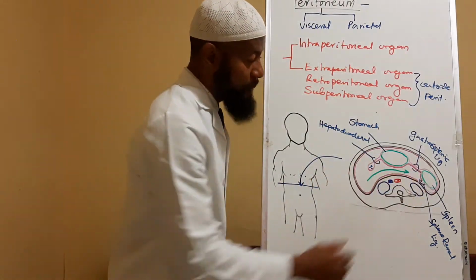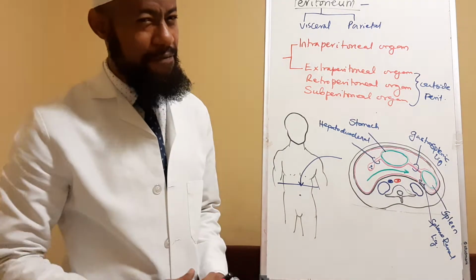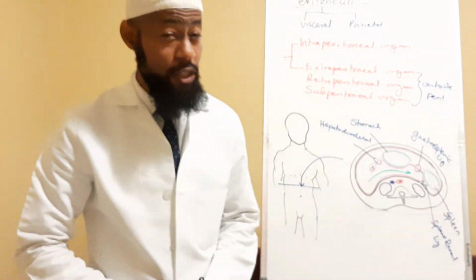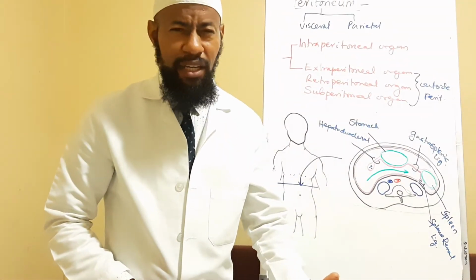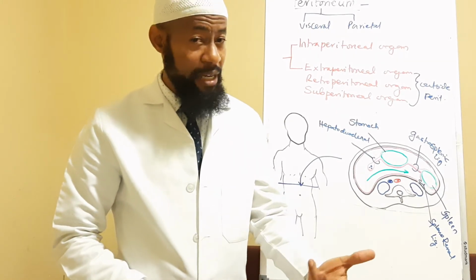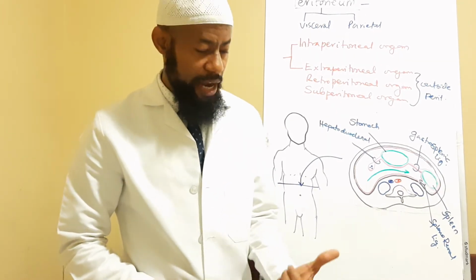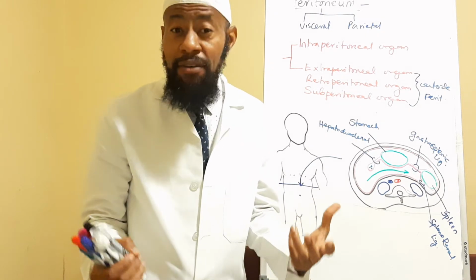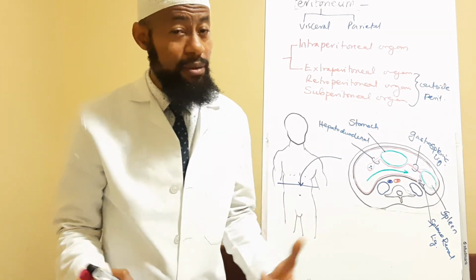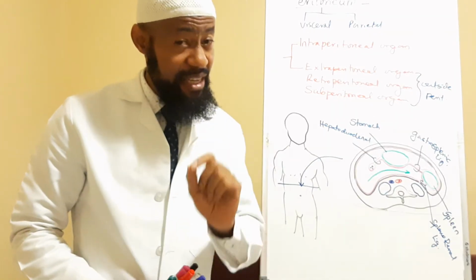Now surgeons use that foramen to look blindly for the common hepatic artery, where they have to look for the right hepatic artery as they are looking for the cystic artery.